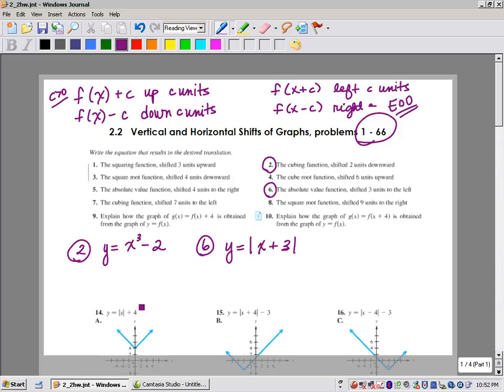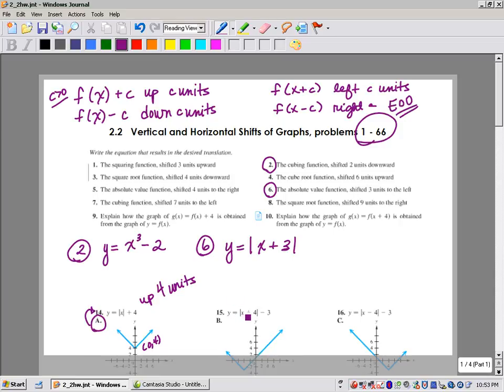Plus 4 means we're going to take the absolute value function and shift it up 4 units. Well, remember that the absolute value function is that V-shaped graph through the origin. So if we shift the origin up 4 units, we would have the point 0, 4 as our new vertex. So it just so happens that part A corresponds to the graph of number 14.